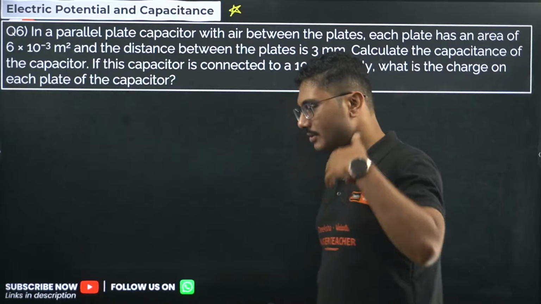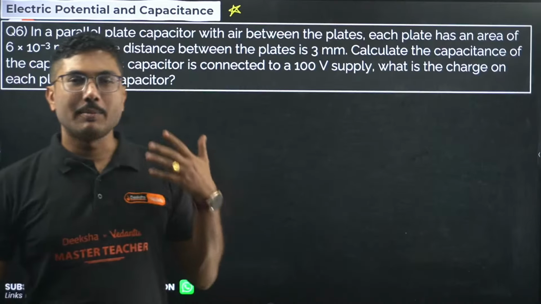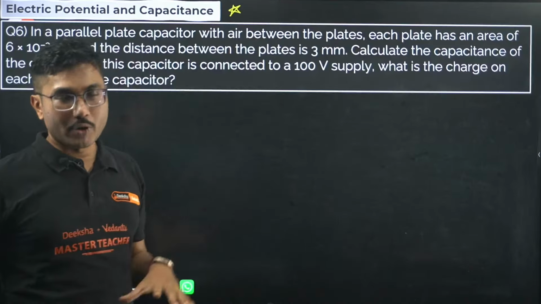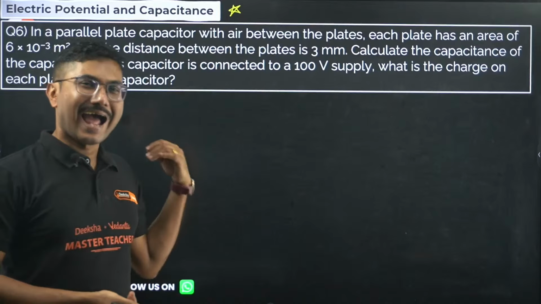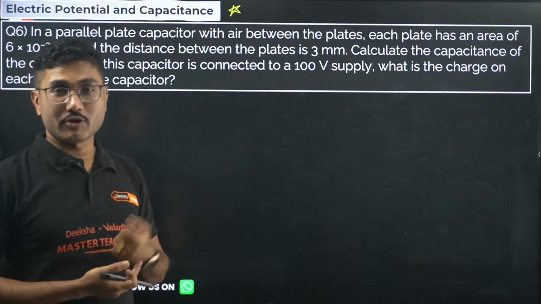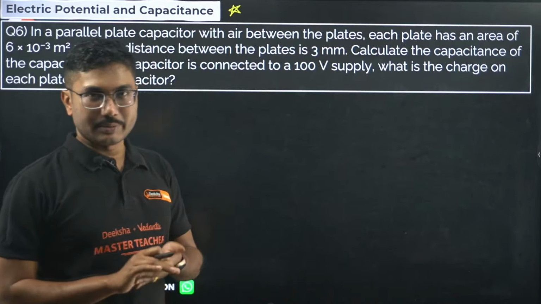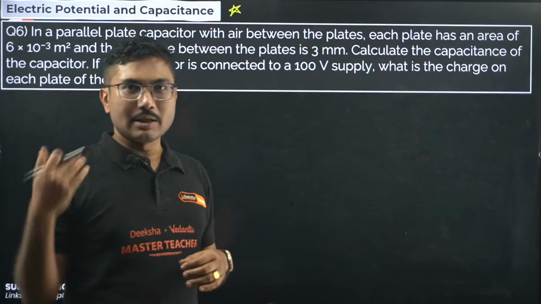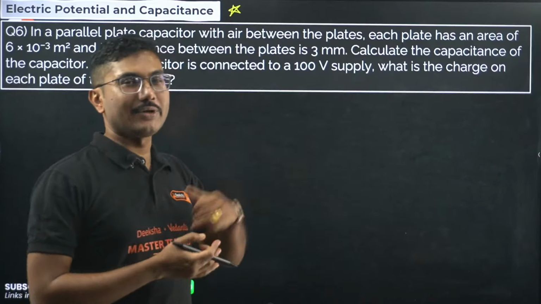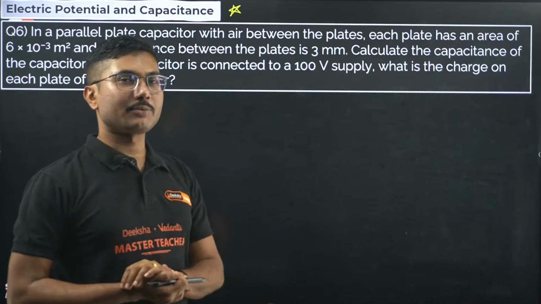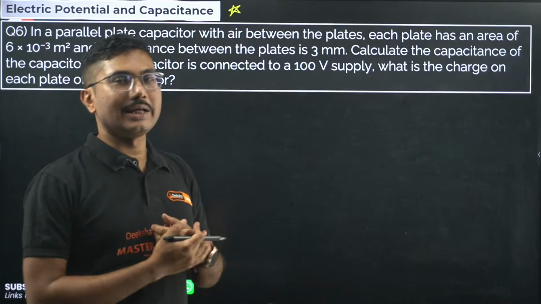In the past the pattern has changed, but what I am expecting is this: last year the numerical question was from electric charges and field, and theory was from the electrostatic potential chapter, so maybe they will reverse the order this year, because this has happened in the past as well. One year they ask a numerical question from the first chapter and the derivation from the second chapter, and the next year they reverse the pattern.